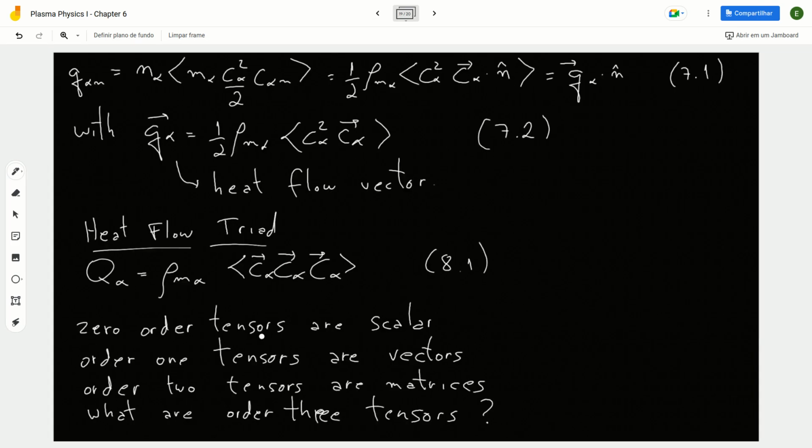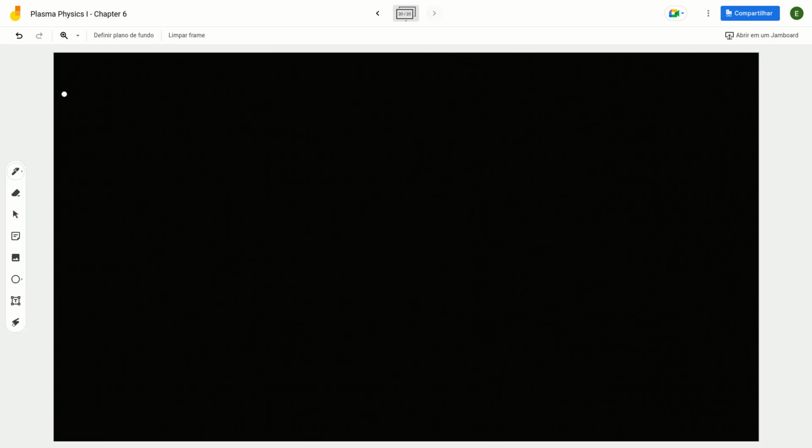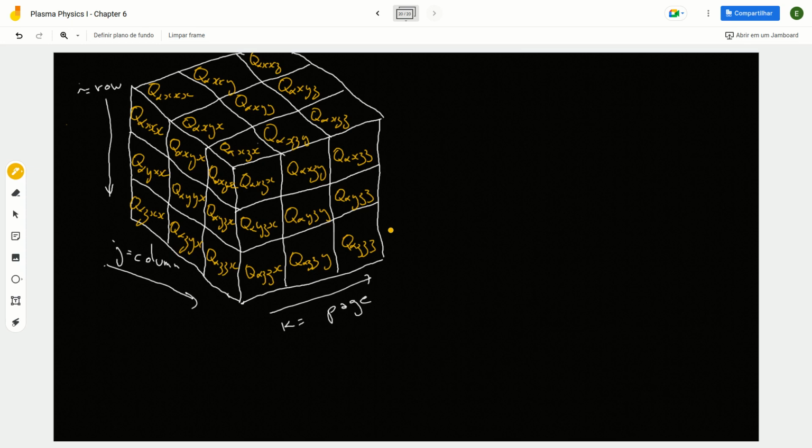What are the components of this? Okay, this is the tensor, right? The components are actually like this. You have Q alpha, index I, j, k, is C alpha I, C alpha j, C alpha k. So this is an order 3 tensor.